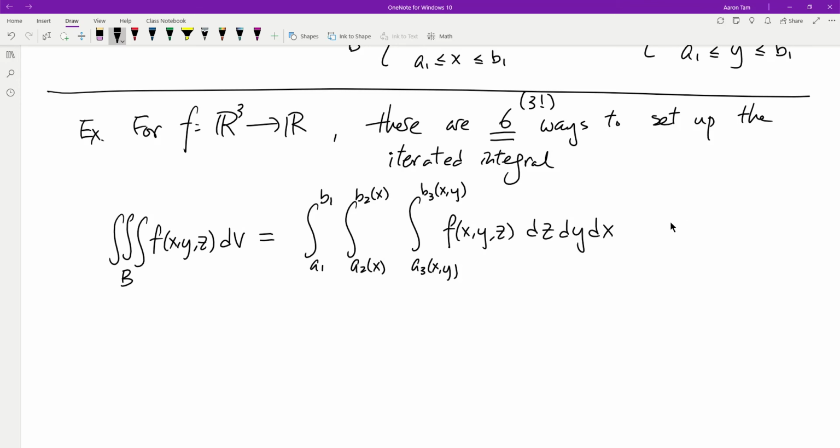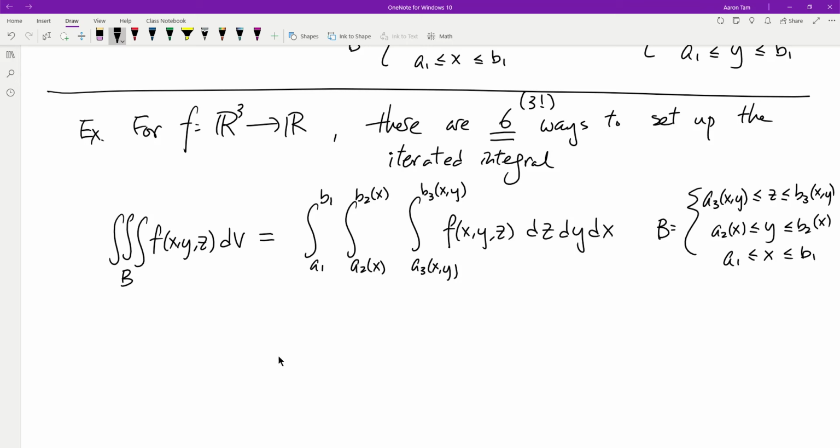So this basically describes the region B to be between these three inequalities: a3(x,y) ≤ z ≤ b3(x,y), and y between a2(x) and b2(x), and then x between a1 and b1, where they're constants, no variables.